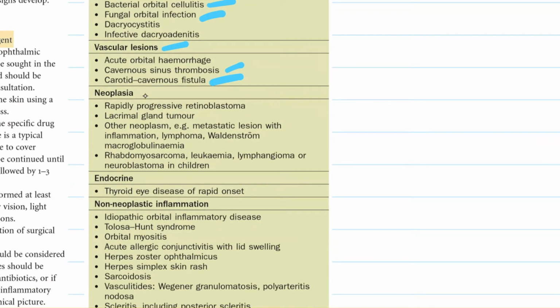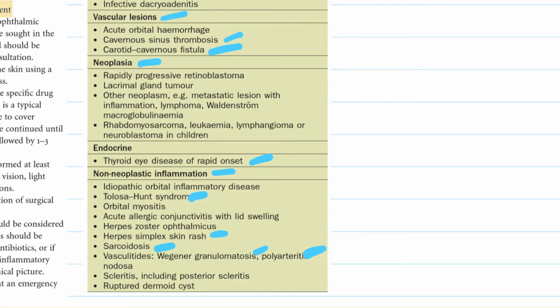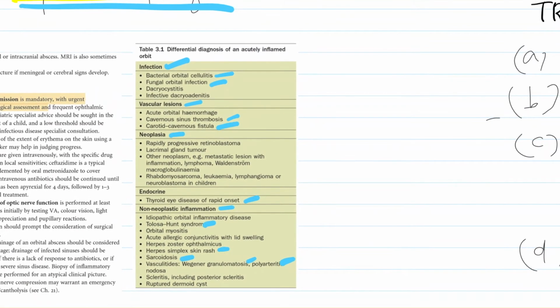Then it could be a neoplasia, and then it could be a thyroid eye disease of rapid onset, or a non-neoplastic inflammation such as Tolosa-Hunt syndrome, herpes simplex skin rash, sarcoidosis, Wegener's granulomatosis, or polyarteritis nodosa. So these are the differential diagnoses that should be in your mind.